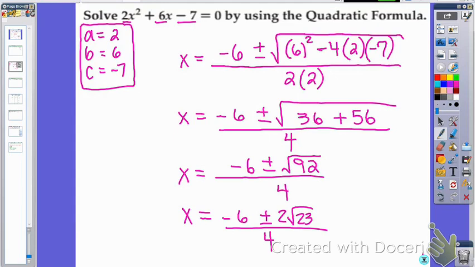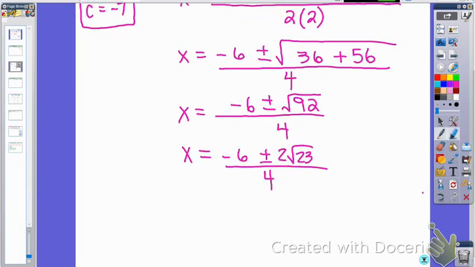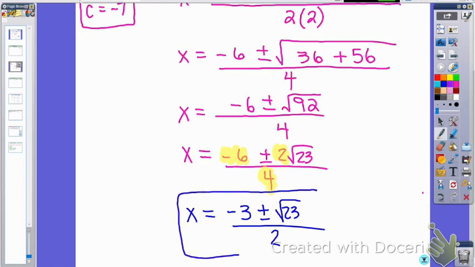And notice our coefficients, well, our square root is 23, which is not a perfect square root. But these numbers here are all divisible by 2, meaning you can divide them all by 2. So this turns into a negative 3. 2 divided by 2 is a 1, so this is just the square root of 23. 4 divided by 2 is a 2. So you can leave your answer like this.